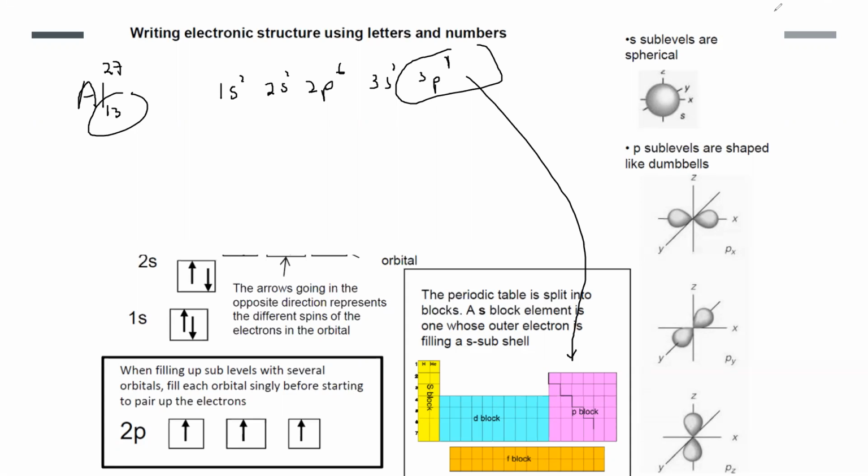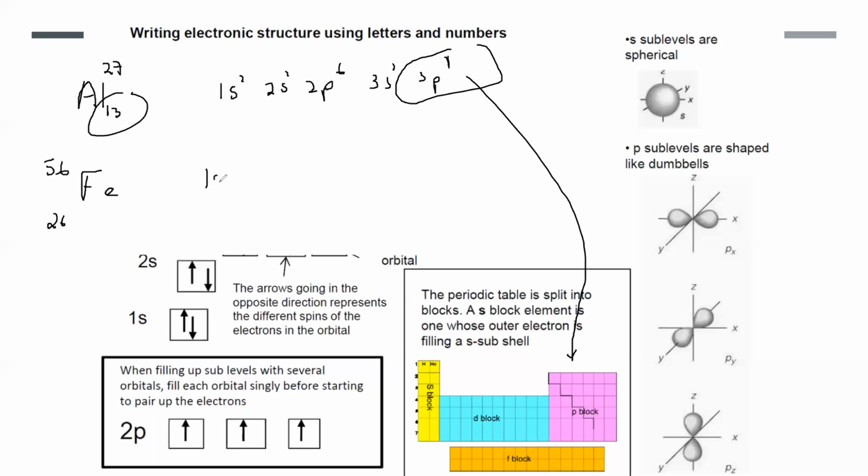In the same way, if we write for iron, iron is Fe. When we write in terms of energy, iron is 26 and 56.